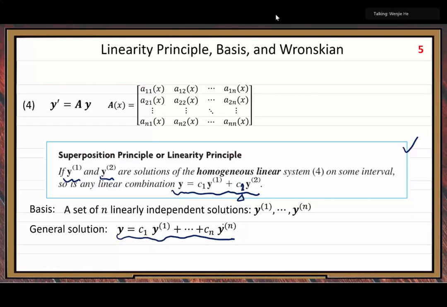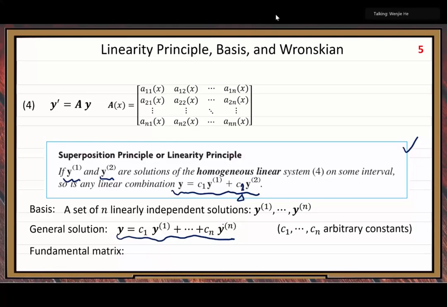That means we only need to find the basis, the n linearly independent solutions, then we're done. We solve the whole linear system. Arbitrary constants.